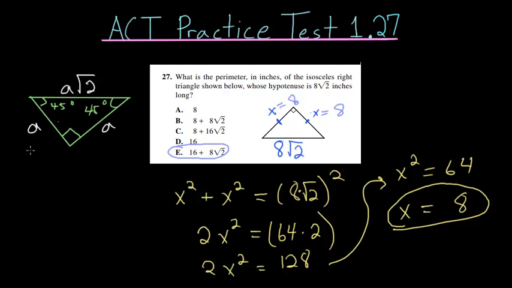So if we had some other one, which I'll draw real quick, and let's say we knew that the legs were each 3 inches, then you can immediately know that the hypotenuse is 3 times the square root of 2 inches. Or let's say you had it in reverse, where the hypotenuse was, let's say, 7 times the square root of 2, then you can know immediately that these sides are both just 7.